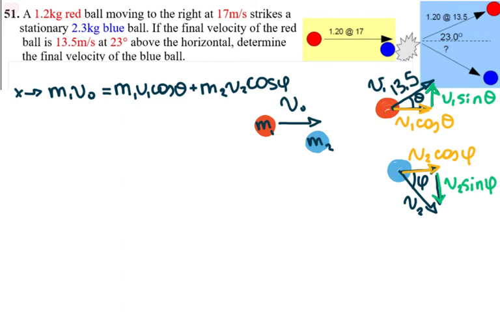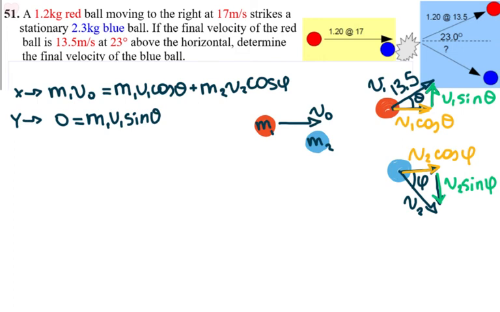And for, let me rewrite this, v sub 0. And for the y-axis, I don't have any momentum before the collision, and after the collision, it's the y components of the velocity. So that's going to be m1 v1 sine theta.